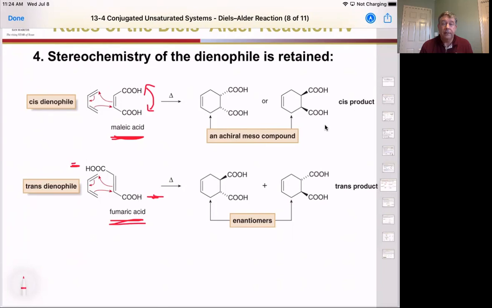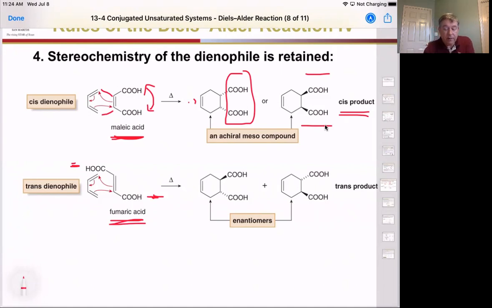So that being said means that they will retain that location. When these electrons reach out to grab here and these electrons reach out to grab here, we'll form, of course, our double bond in the middle, but the two carboxylic acids are going to be cis to each other on the same side. So the cis dienophile gives us a cis product with the carboxylic acids next to each other.